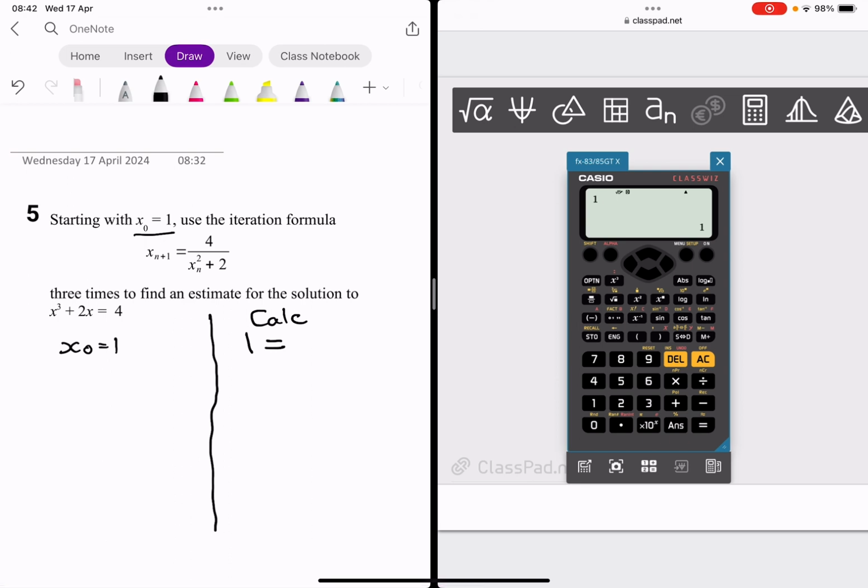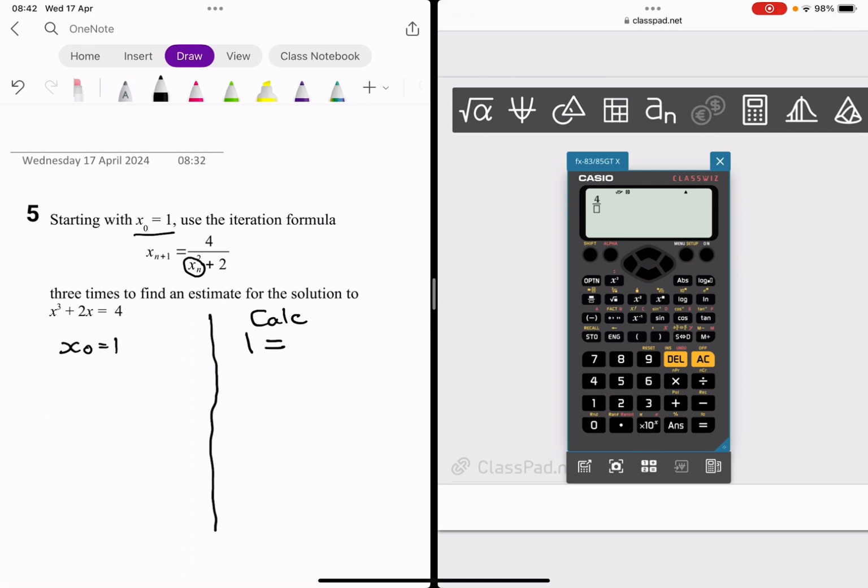What I'm now going to do is use that 1 and put that into this x to the n. That's my first bit. And basically, to do that, I just draw what is seen here. So if I go to my calculator, I'm going to put a fraction, which I've got. I put a 4 at the top, and then I'm going to go down to the bottom.